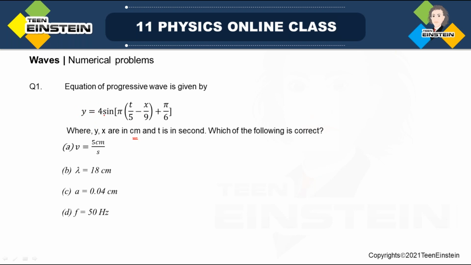All right, see the question: y and x are in centimeter. So y is equal to 4 sine pi times (t by 5 minus x by 9) plus pi by 6. You have been asked to find out which of the following parameters is correct.